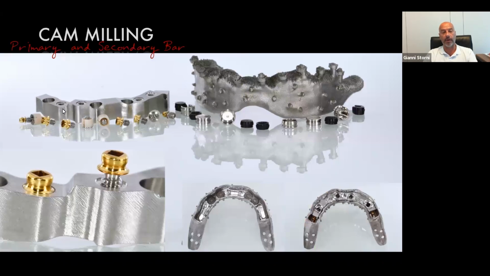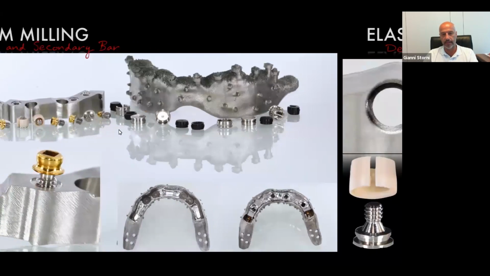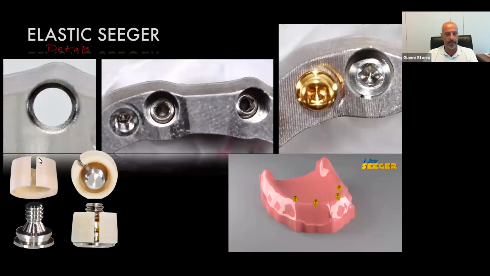The bar is already threaded, and you see what we are talking about. Passive connection, because over the equator, the screw has a PEEK ring. You can see here a PEEK ring that is cut on a side, and this is a hole that goes exactly passively over the equator on the master model.